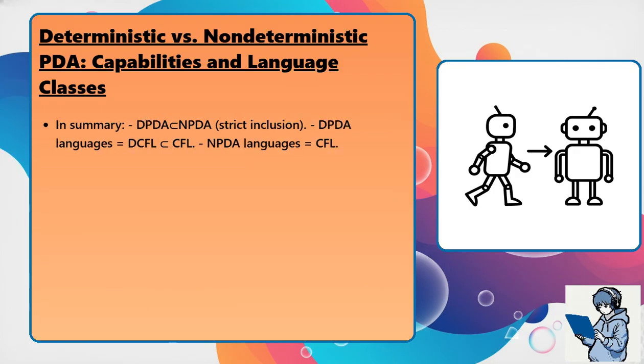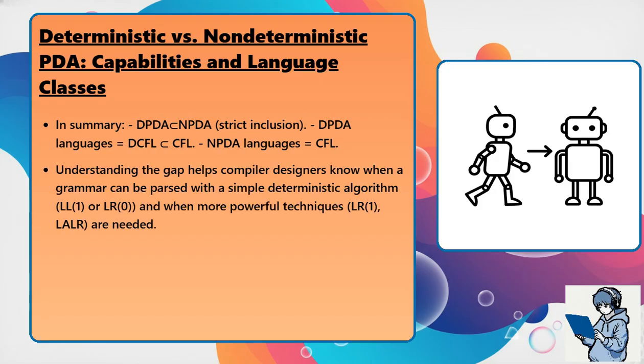In summary, DPDA is a strict subset of NPDA. DPDA languages equal DCFL, which is a subset of CFL. NPDA languages equal CFL. Understanding the gap helps compiler designers know when a grammar can be parsed with a simple deterministic algorithm, LL(1) or LR(0), and when more powerful techniques, LR(1), LALR, are needed.